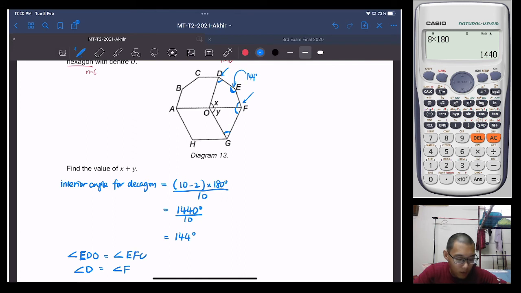EFO. Okay, EFO, not UFO. What is the angle for this? That means it's half of them, right? Are you sure it's half of them? Why is it half? Why is this line OD cutting equally, or dividing equally, this angle?